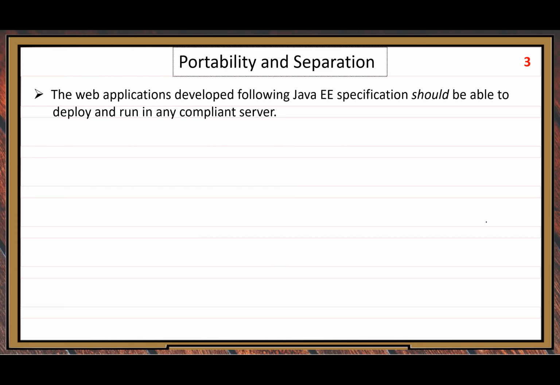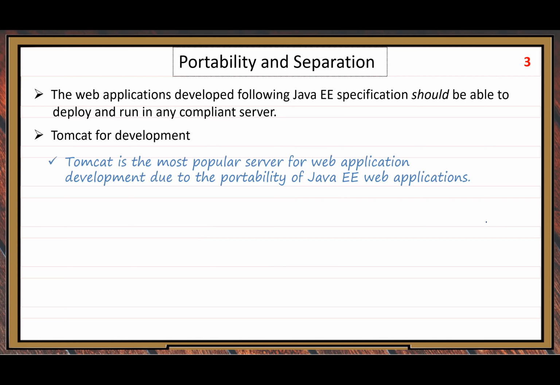That is the reason most Java project developers just use Tomcat for development. Tomcat is small and does not use a lot of resource on your laptop. You do not need to carry a huge server on your laptop.